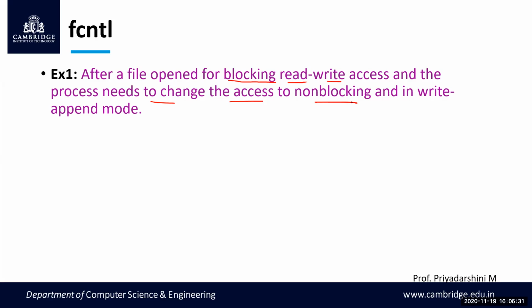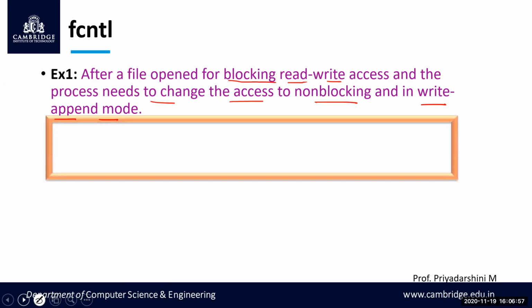First of all, I need to change the access to non-blocking, and I should allow writing in append mode. So these things I should set. By default, it is not allowing writing because it is blocking. Now I need to change to non-blocking, and I should allow writing in appended mode. If I don't use appended mode, wherever the cursor is, maybe in the middle or at the start, the writing takes place.